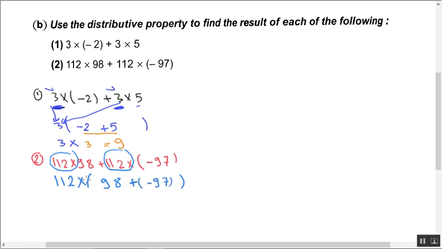We must solve this first. 98 plus negative 97 equals 1. Here we can say 112 times 1 equals 112. So here the first result equals 9 and here the result equals 112.